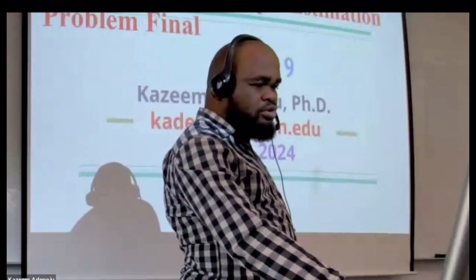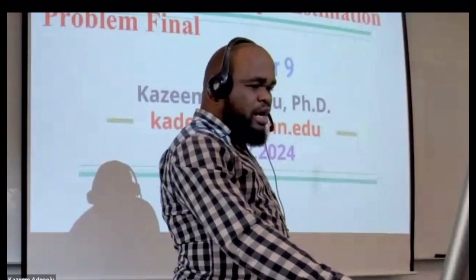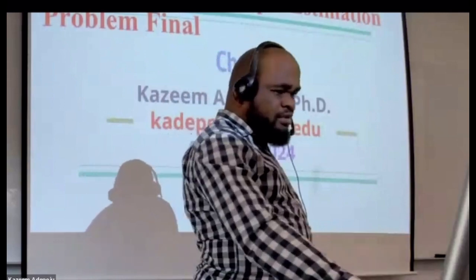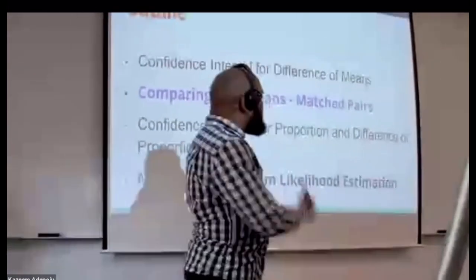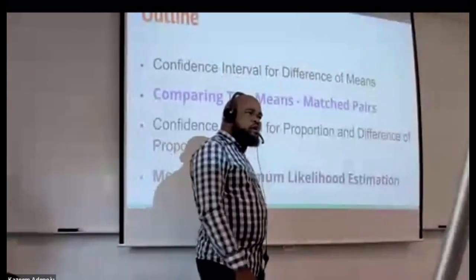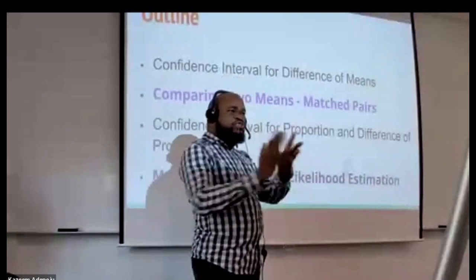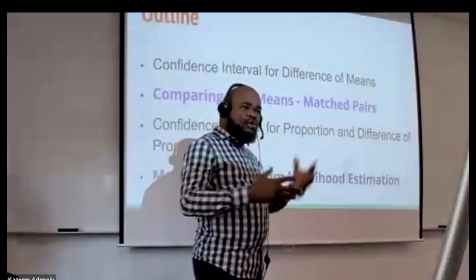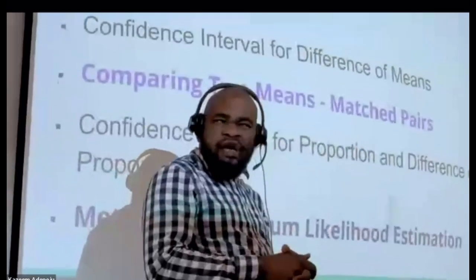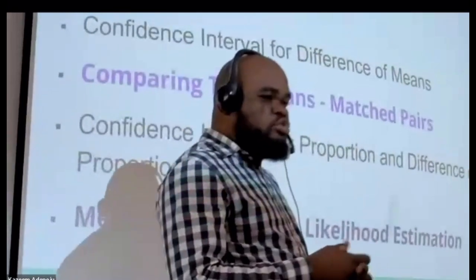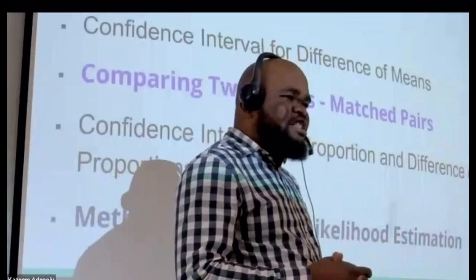But today we're actually going to be visiting two groups. I'm going to walk you through how we construct a confidence interval for difference of means. When I talk about means, two populations are involved. Then how do we compare two means that are matched pairs?